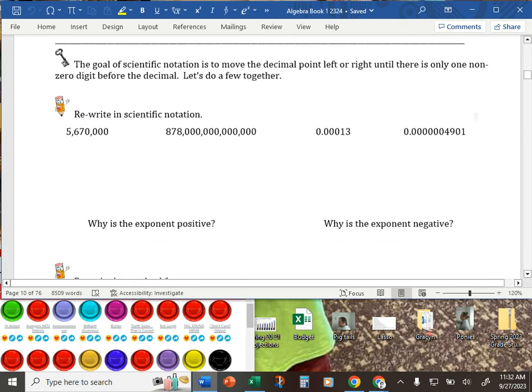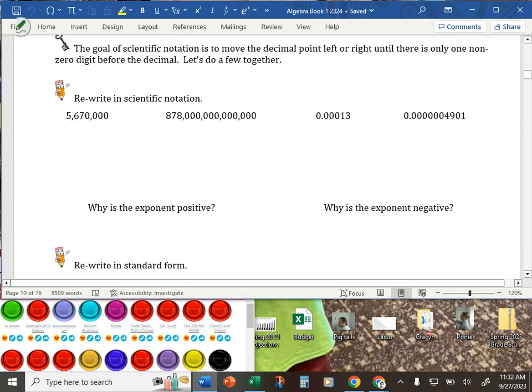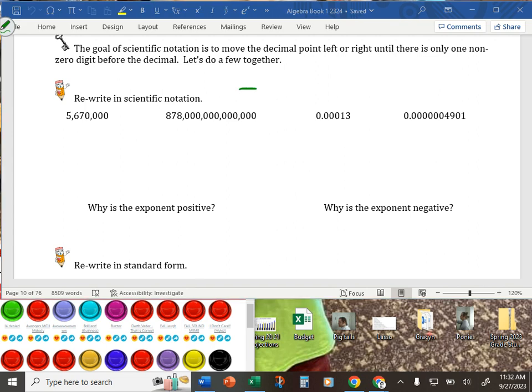Good. So, if we were to write 491 billion in scientific notation, the rule is you get one non-zero digit, then a decimal point.